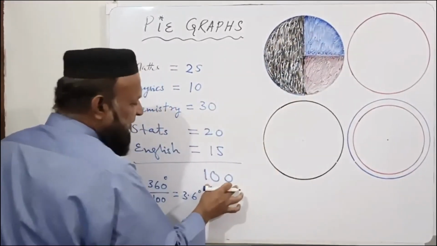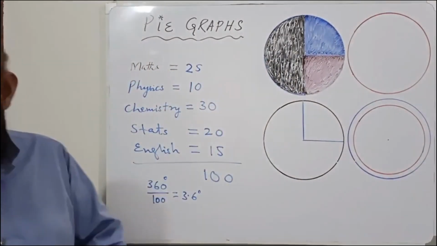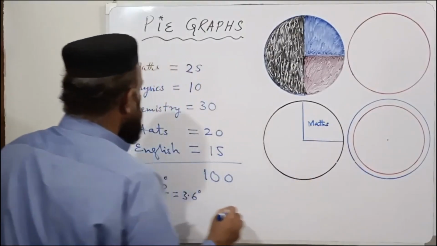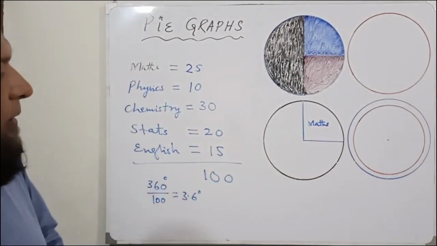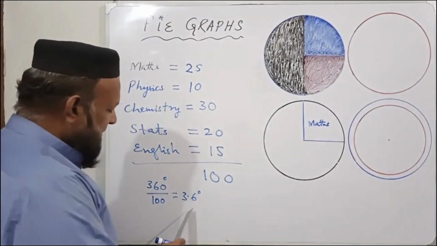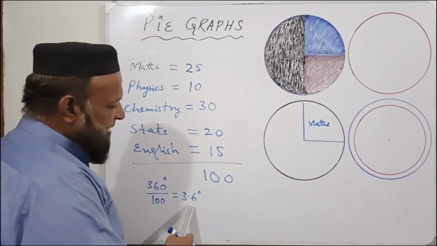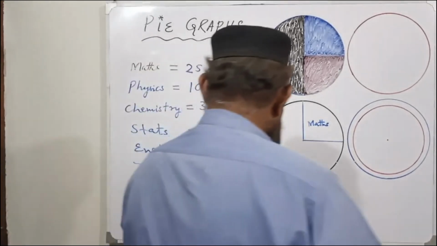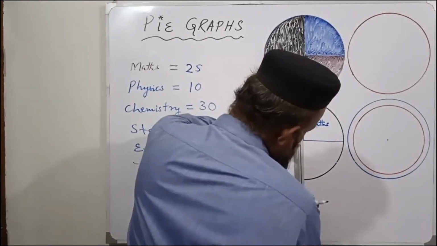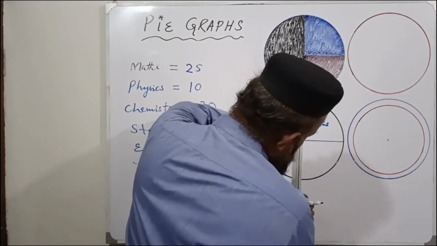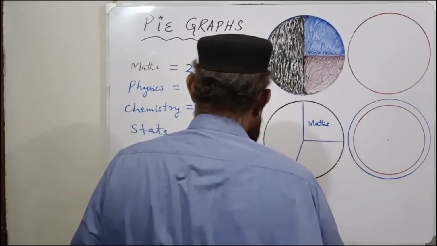So 25% we will plot immediately. For chemistry, what will happen for 30? 30 will be 25 plus 5. 5 will give how much? 18 degrees. So this is 25 plus 18 degrees, and this portion will be chemistry.